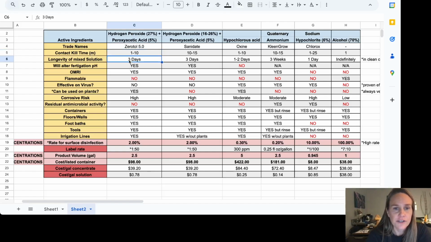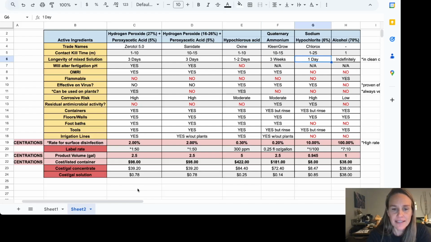So xylitol, we're looking at 3 days. Same with sanidate. Hypochlorous acid, 1 to 2 days. Quinary ammonium, 3 weeks, which sounds awesome, but there's some other drawbacks to quinary ammonium that we'll talk about. And then Clorox, looking at a day. Alcohol, infinity.